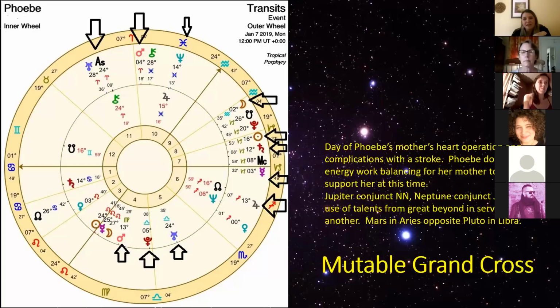And we can see the nodes is with the Grand Cross. We see the Jupiter in Sagittarius applying to the North Node in this moment, and square to.